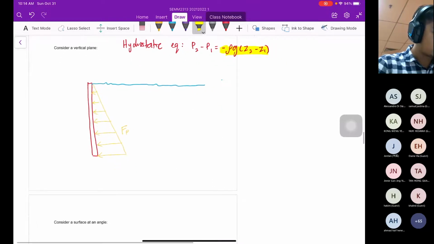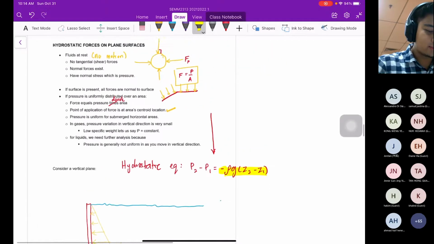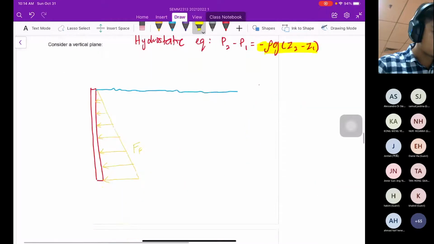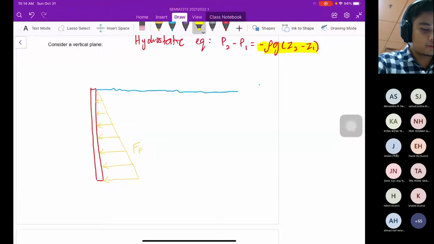From here, what I would like to highlight is point number 2, the point of application of force, which is the area centroid location. You can see we have a distribution of force, so it's difficult for us to calculate one by one.